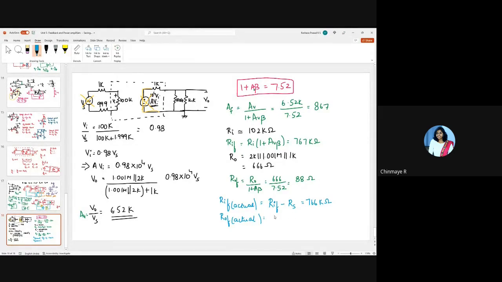So therefore, 1 by 88 minus 1 by 2K will give you 1 by the actual ROF. Since we are running short of time, you can calculate this at home. This ROF actual, you will get to be around 92 ohms.